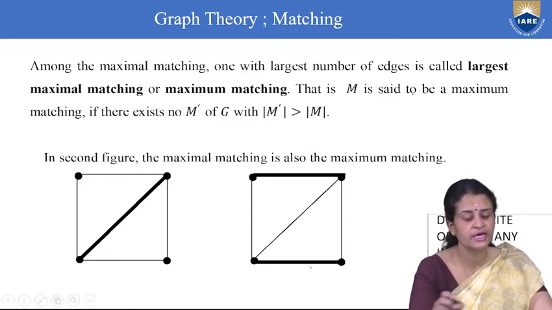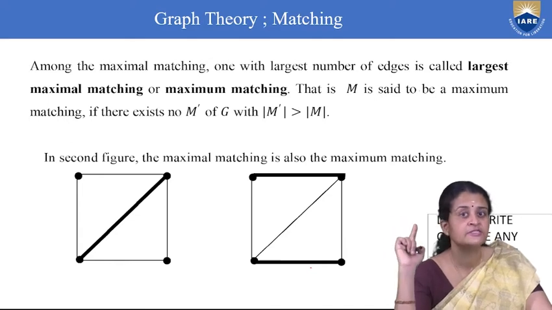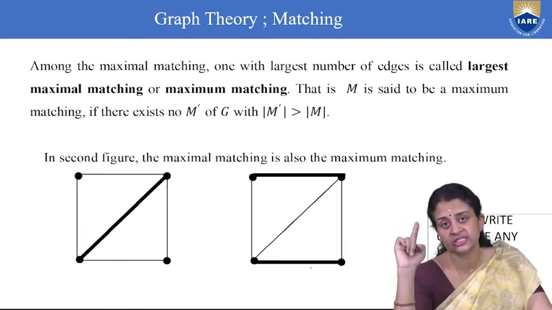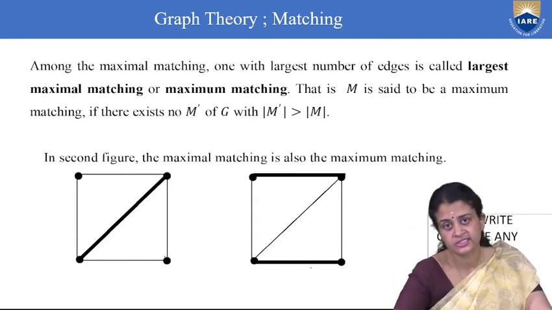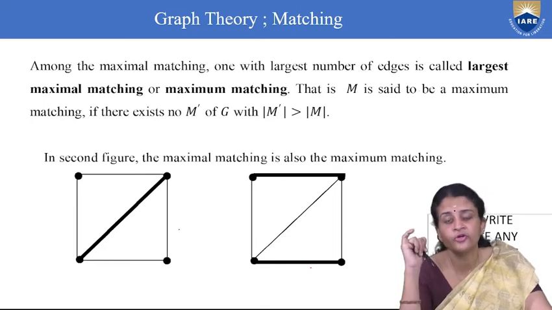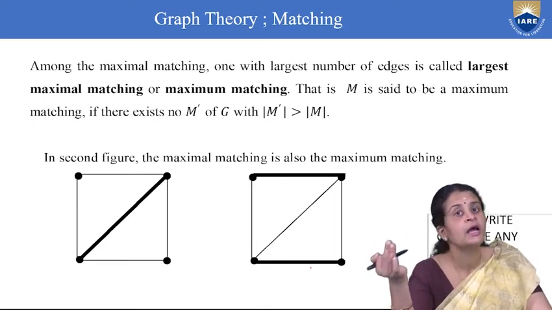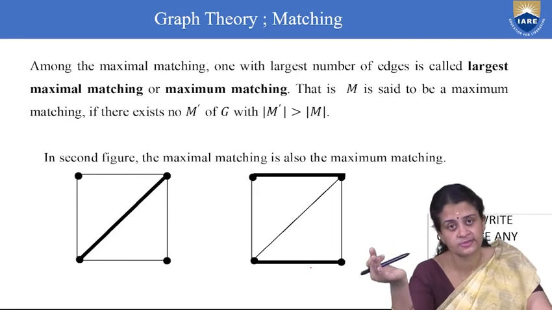Thus, M is said to be a maximum matching if there exists no other M dash such that the cardinality of M dash is greater than M. So once again, for a graph we may have different matchings and different maximal matchings.